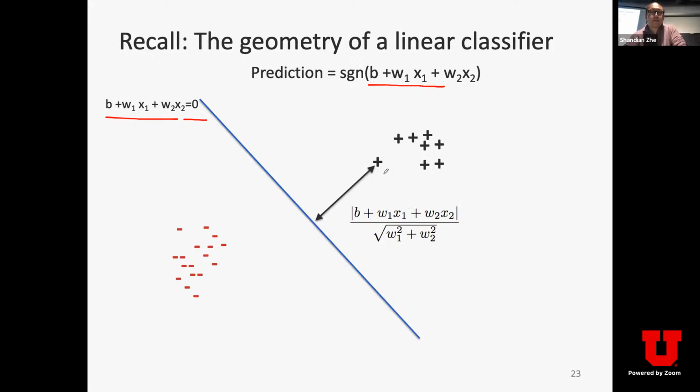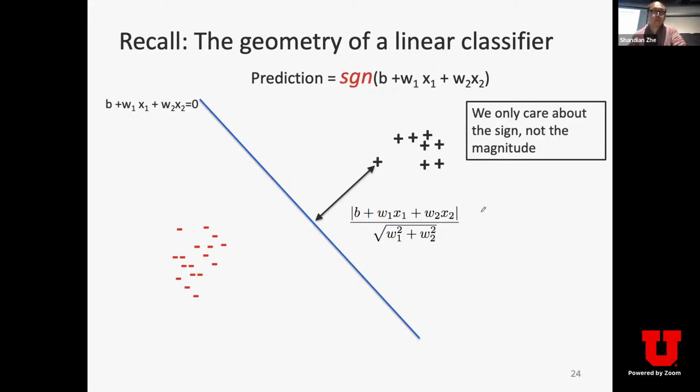The distance between any data point and the classification hyperplane is computed as follows: it's just the absolute value of the classification score divided by the norm of the weight vector. And one very important insight is that we only care about the sign, not the magnitude.